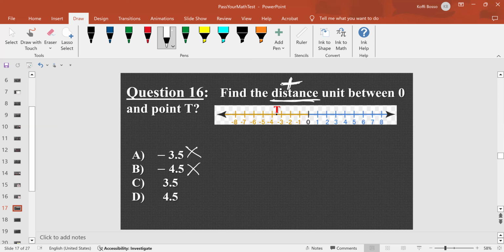So the point T is not yet at 4. It's more than 3, but not yet 4. Because distance is positive, it has to be positive 3.5. So the correct choice is C.